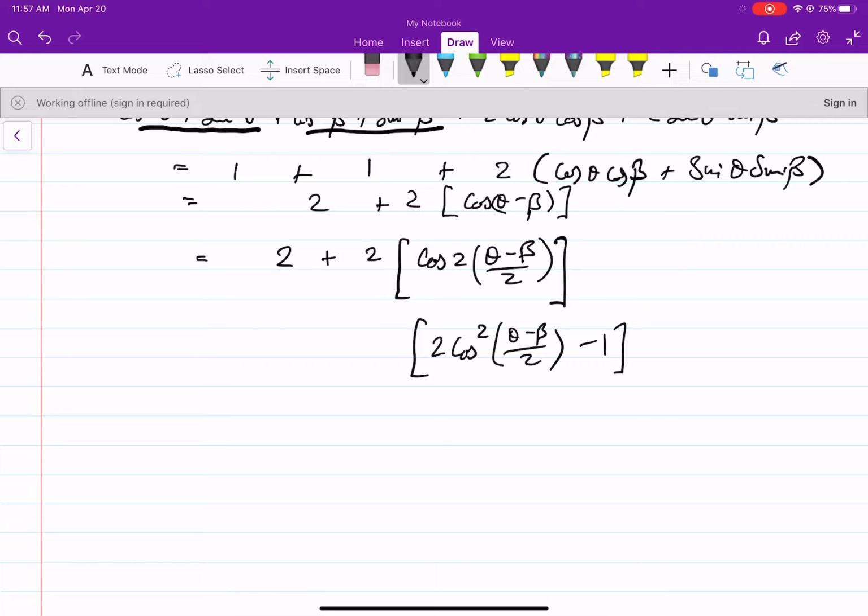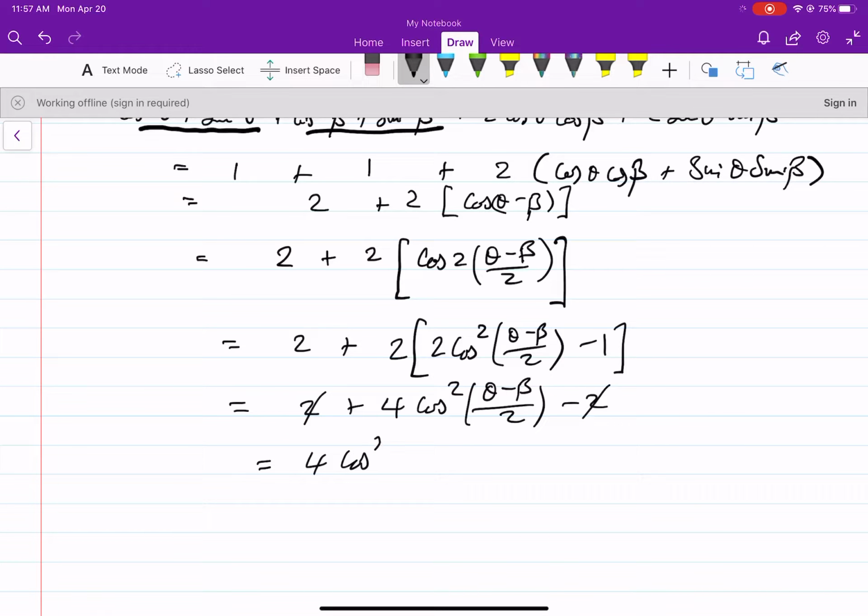I still have a 2 outside the bracket and then a plus 2 here. Okay? This is equal to 2 plus, open up the bracket, we'll get 2 2's, 4 cos squared of (theta minus beta) upon 2. And 2 by minus 1 is minus 2. These two cancel out. What's left over? The result is 4 cos squared of (theta minus beta) upon 2. Hence proven. QED.